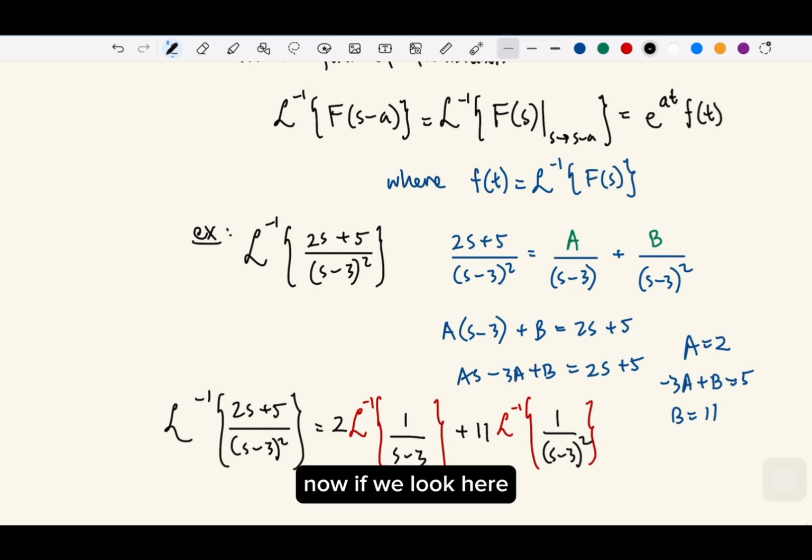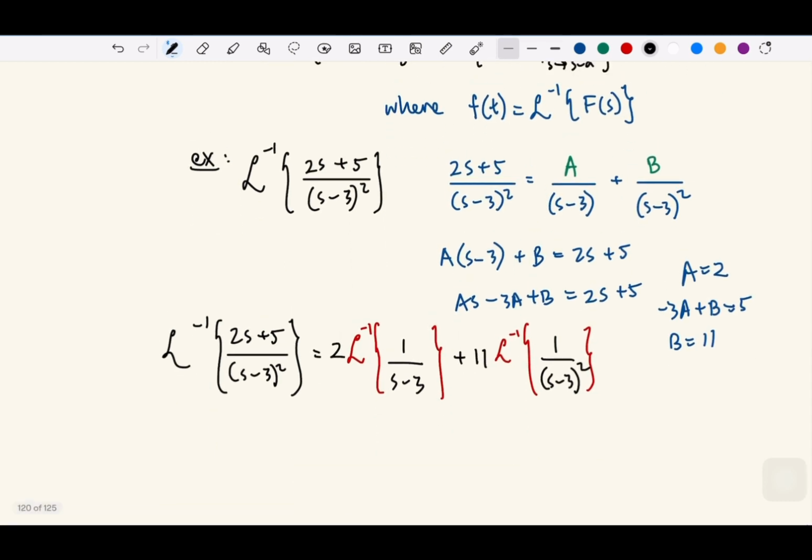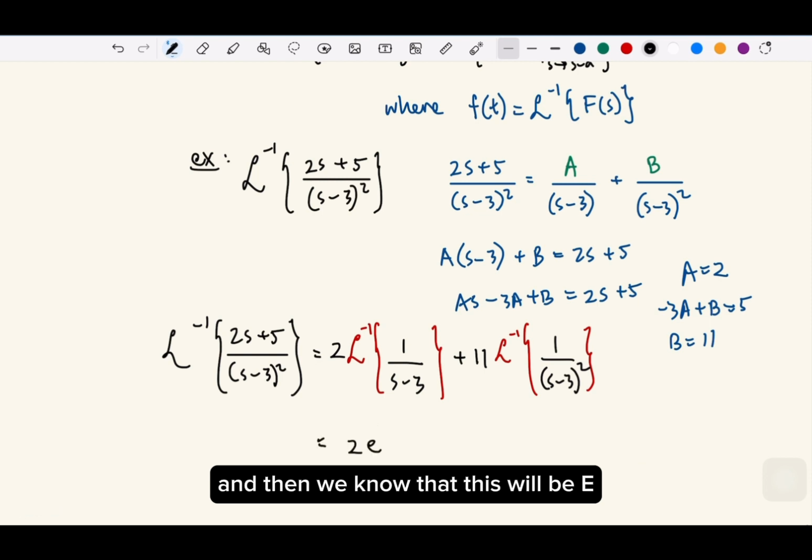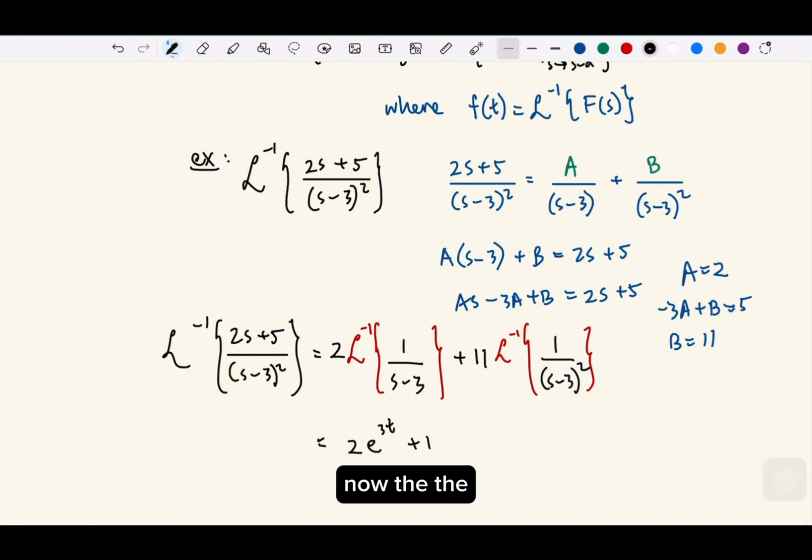Now, if we look here, the first one is easy to follow. It's just 2, and then we know that this will be e^(3t). Now, the interesting part is this 11 part here.